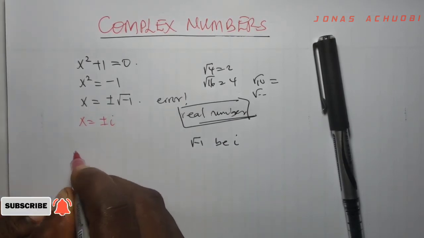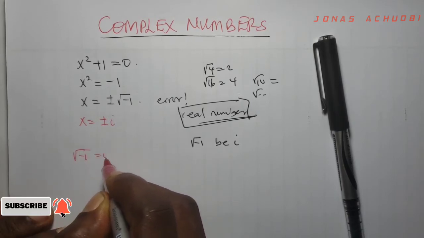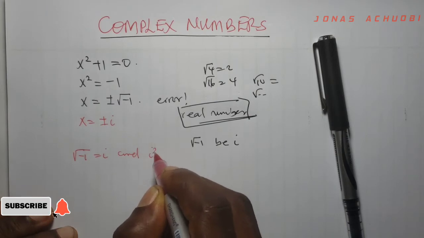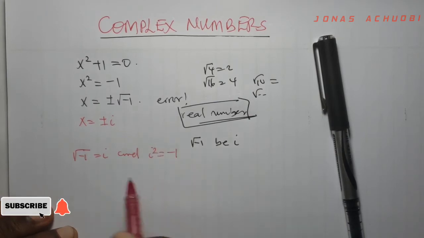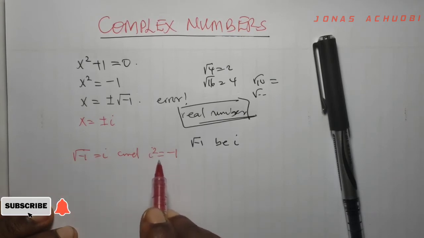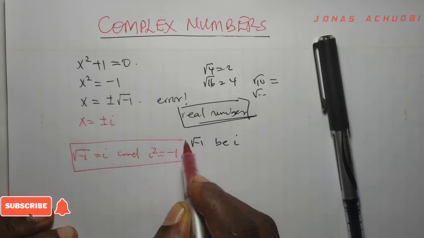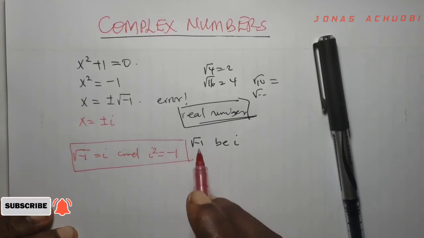That is to say that the square root of minus 1 is equal to i. And so if this is true, then i squared is equal to minus 1. Root minus 1 is i, and if you square both sides, i squared is equal to minus 1. These are two important results we shall be using going forward.